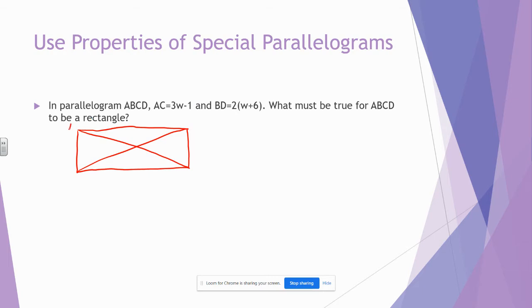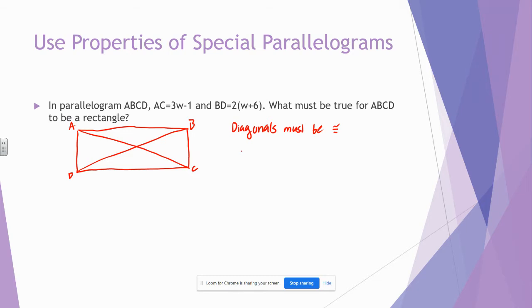So if we draw this out, we have A, B, C, D. We know that AC is equal to 3w minus 1, so across here, and BD is equal to 2 times w plus 6. We know that to be a rectangle, our diagonals must be congruent.